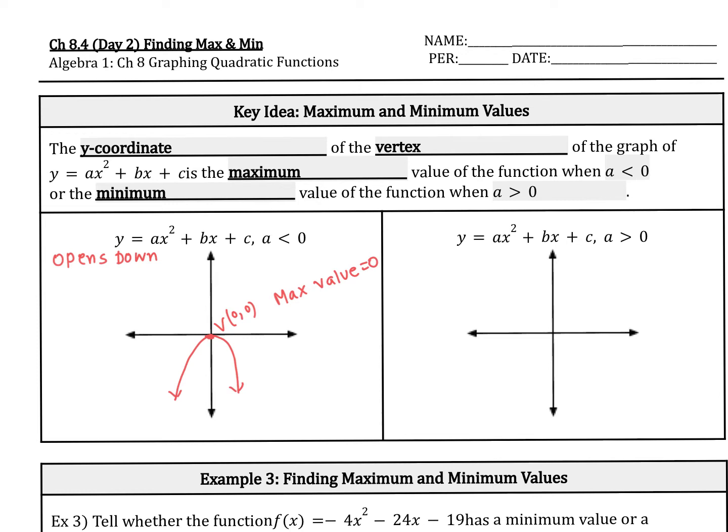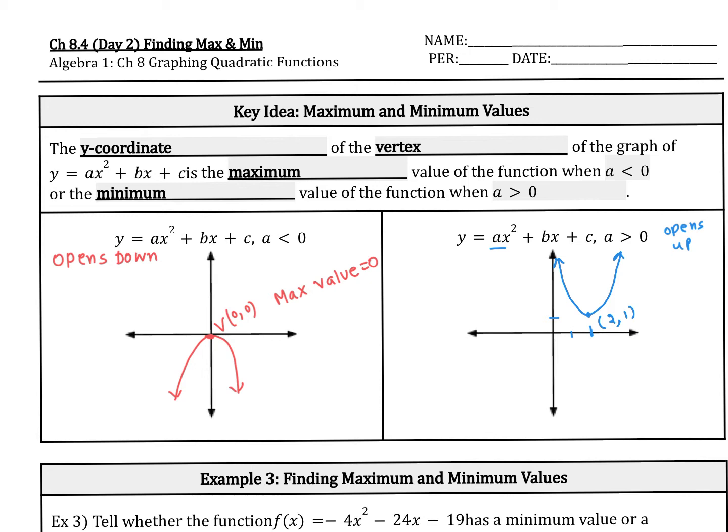Now for the other case, when a is greater than 0, it means that the value in the front of x squared is going to be a positive value, and then the graph is going to open up. For example, if you have this point, the parabola from this point is going to open up. So it's going to look something like this, a parabola where the vertex is 2, 1 and it opens up.